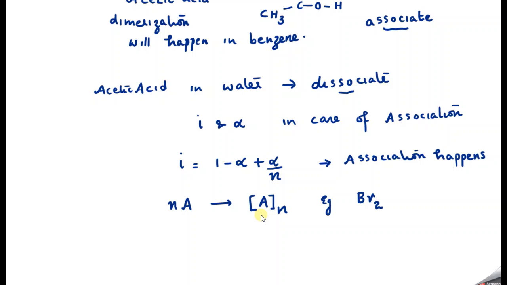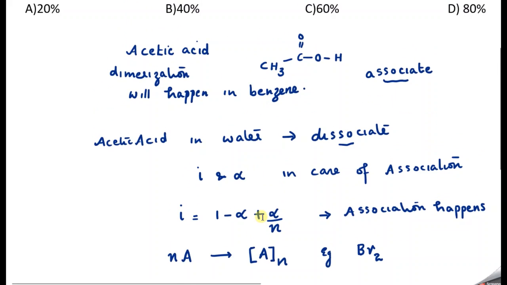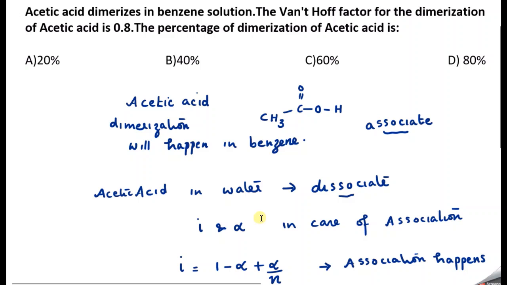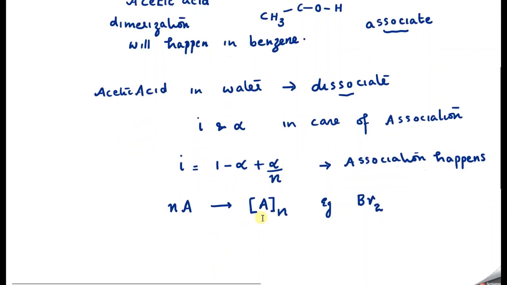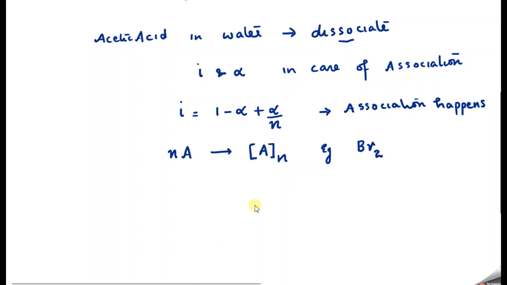Now we will substitute here. What is the value they have given here? They have told the Van Hoff factor is given as 0.8. So let's substitute here 0.8 is equal to 1 minus alpha, which we don't know because this is what you need to find out, the degree of association. In this case it is dimerization, and dimerization is a type of association, plus alpha divided by n.